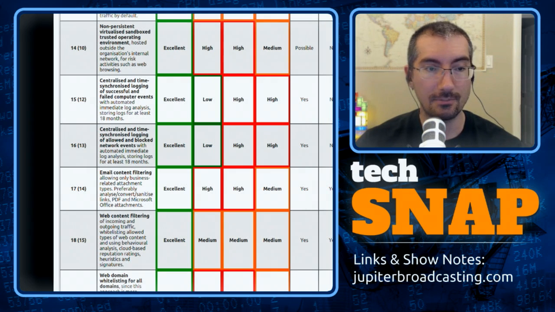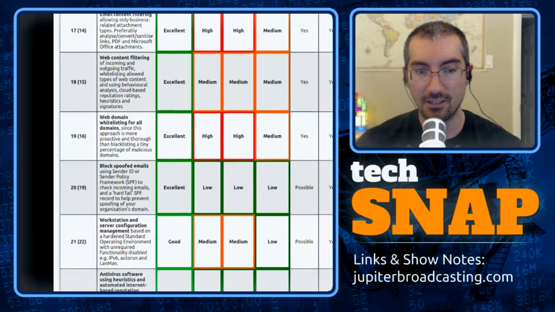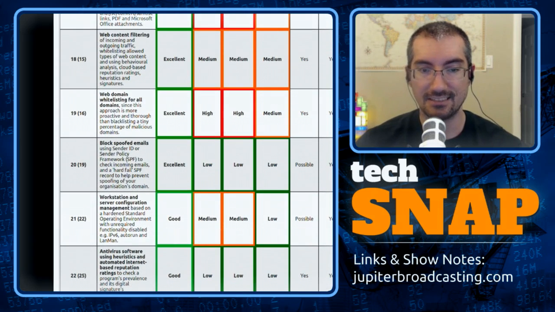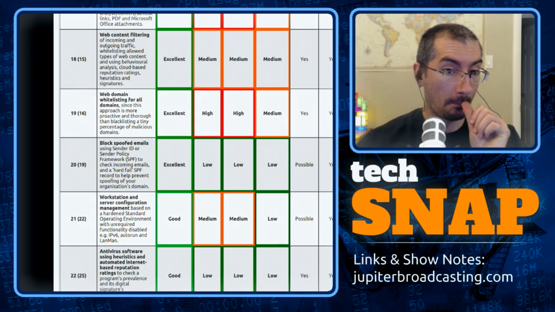Then we got web content filtering of incoming and outgoing traffic, whitelisting of allowed types of web content, and using behavioral analysis, cloud-based reputation rankings, heuristic signatures, etc. It's a medium across the board. Domain name whitelisting, so you can only visit certain websites: high user resistance, high setup cost, and medium upkeep cost.